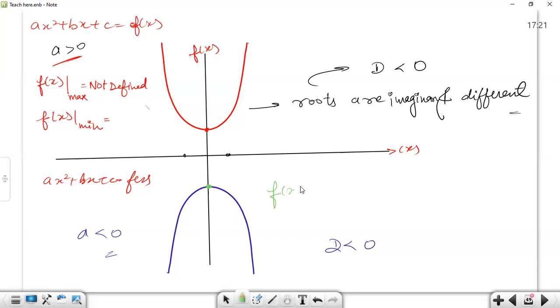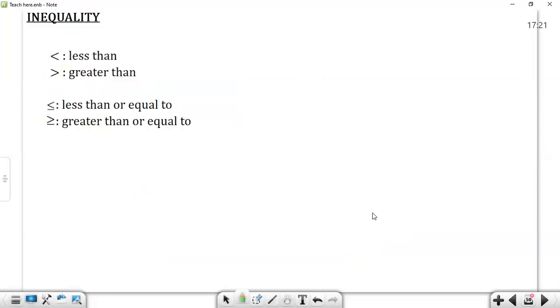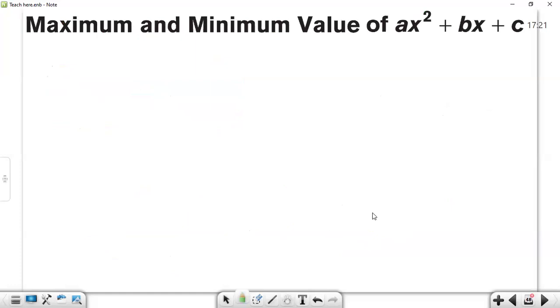So the function's minimum value is not defined. And its maximum value is defined, and we are going to talk about it soon.